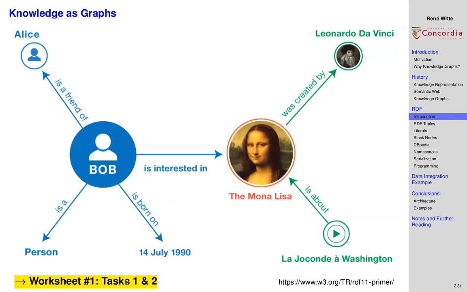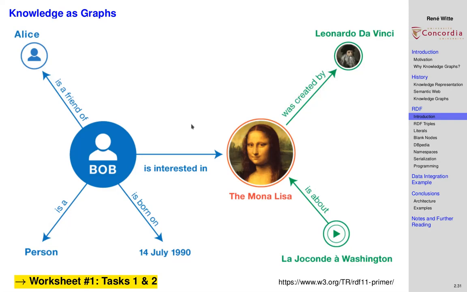In the worksheet, you've already seen that these knowledge graphs are perfect for adding more information, for enhancing them, for connecting them with other sources of information. If you have ever worked with a relational database, you know that you have to fix a schema at the very beginning. Later on, it's very hard to make any changes or additions to the schema. It's very fixed and inflexible.